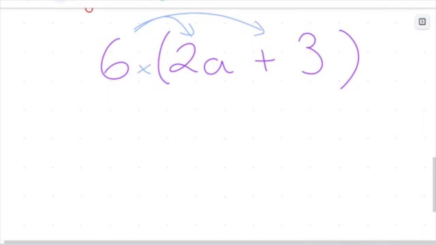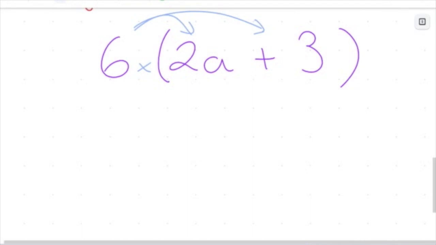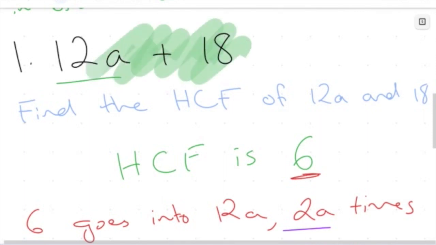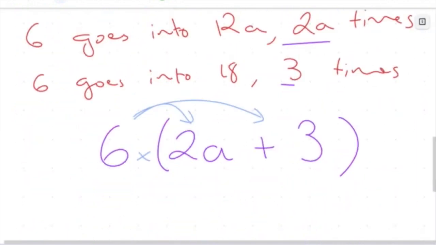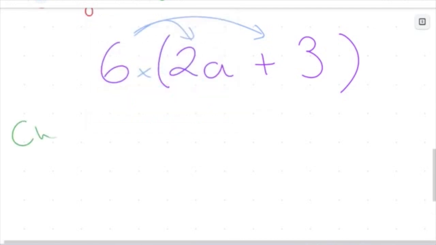We want to return back to know that we factorized correctly. When we re-expand 6 outside of 2a plus 3, we want to get back this exact thing, not some goofy other thing with different numbers. That's how we know we factorized correctly. So what we're going to do here is check by expanding.